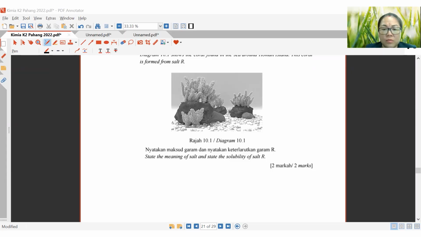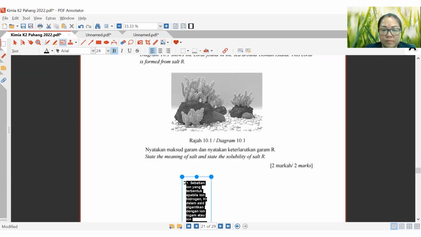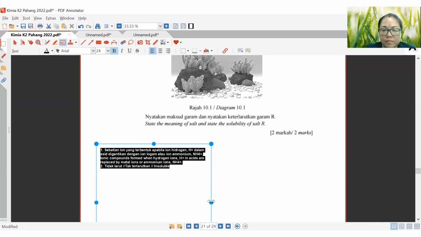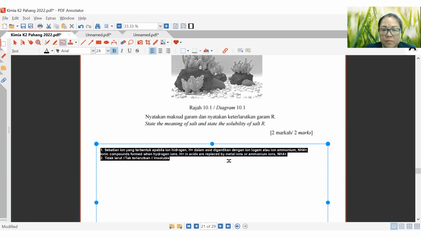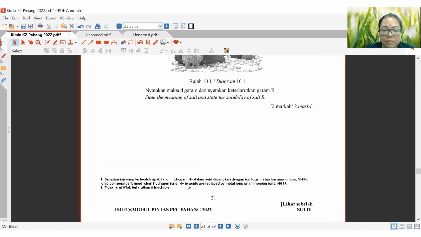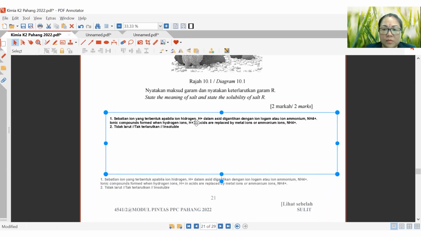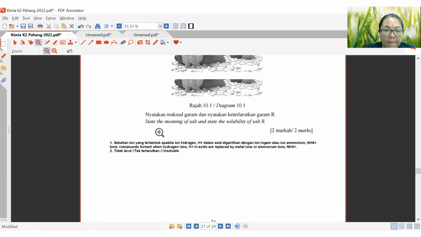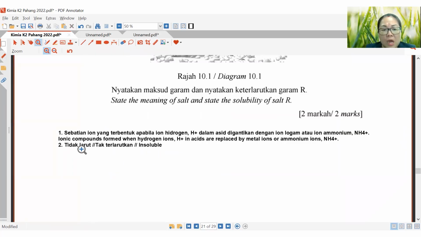Okay, let me show you how you get your 2 marks here. Ionic compounds form when hydrogen ions in acids are replaced by metal ions or ammonium ions.